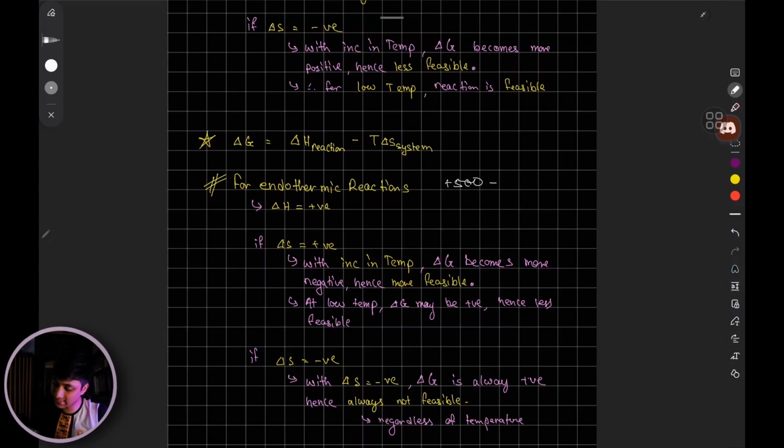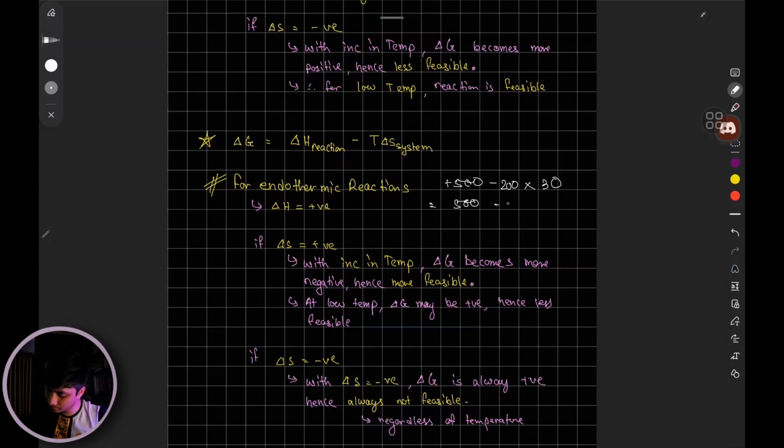So, if you look at an example, positive 500 minus, let's say, 2 Kelvin times change in entropy of 30, you're going to get 500 minus 60, so it's going to be 440. 440 joule is the change in Gibbs free energy. This is positive, so not feasible. However, if you increase the temperature to, let's say, 200, it's going to be 200 times 30, which is 6,000.